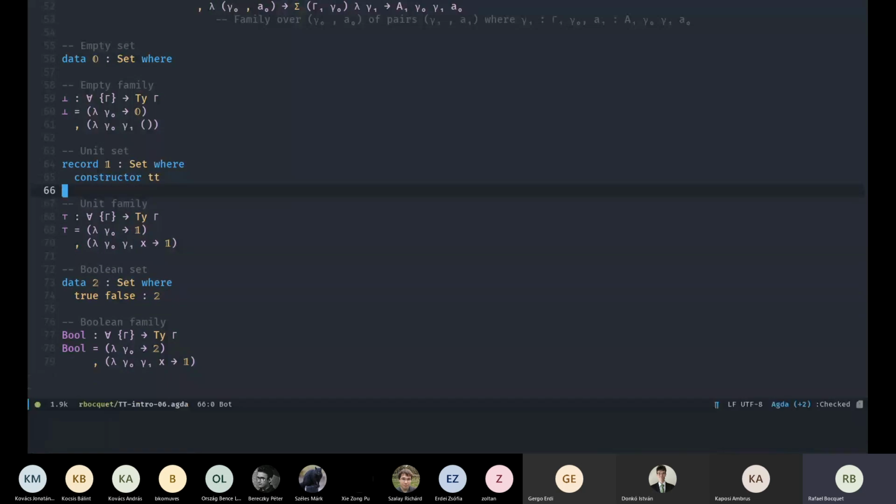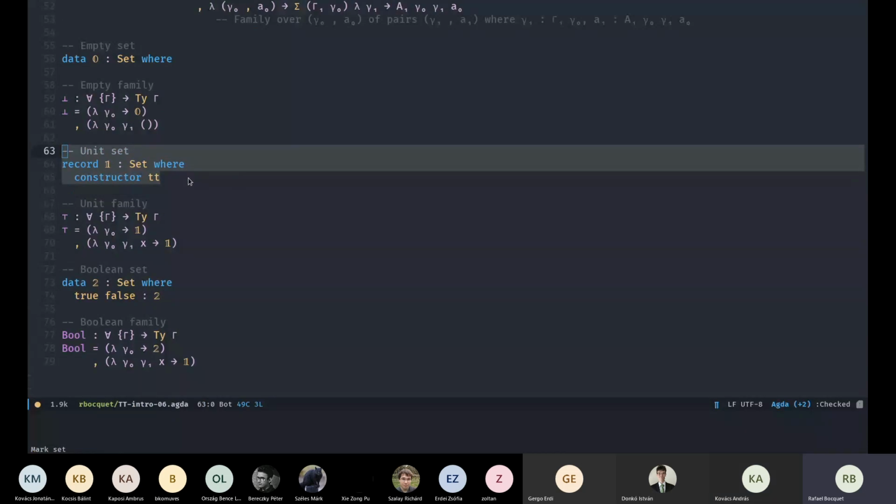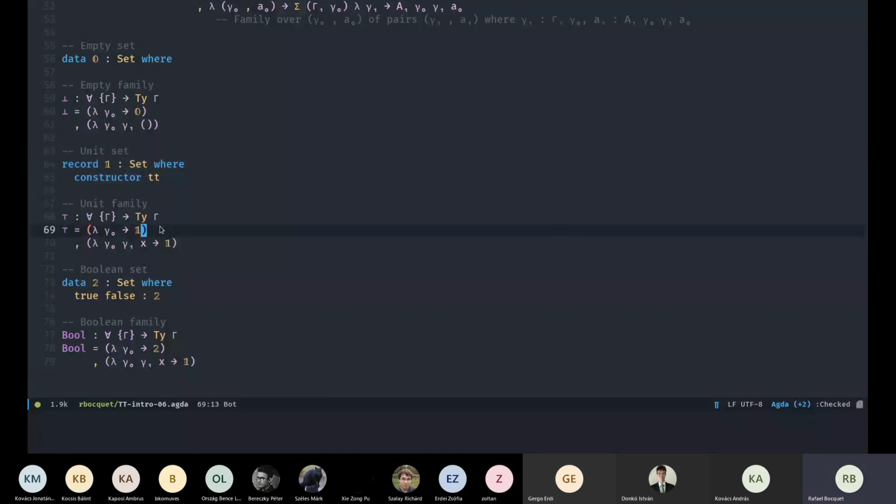Oh, I see. Or you can also write an underscore. Yes, it always works, because this has exactly one element. Agda knows it.